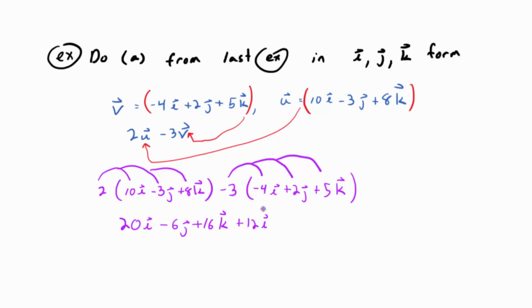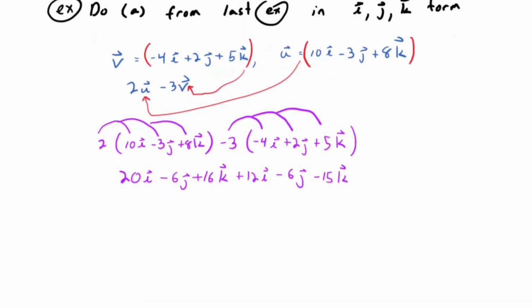Plus 12i minus 6j. All right, you guys are getting in sync now. I like that. Minus 15k. What's the next part look like? Adding like terms. I feel like I'm selling you this stuff. This is great notation. It looks like something you're really familiar with. So, okay, add corresponding components. Add i components together.